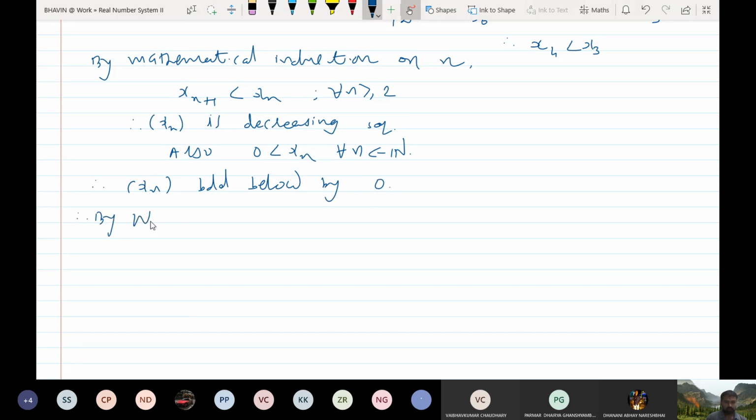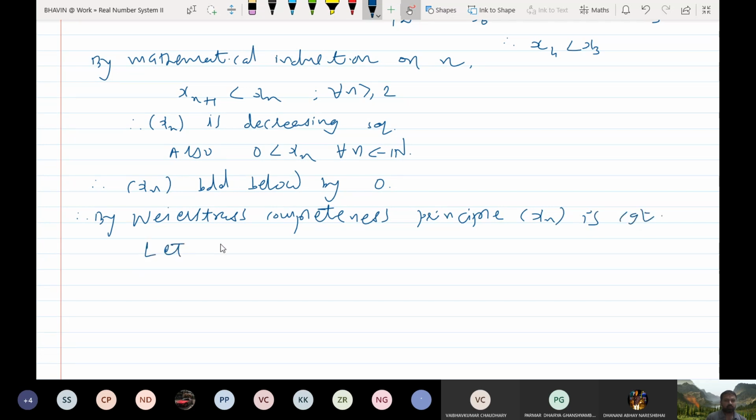Therefore, by the Weierstrass completeness principle, xn is convergent. So let us take its limit. Limit of xn is equal to a.